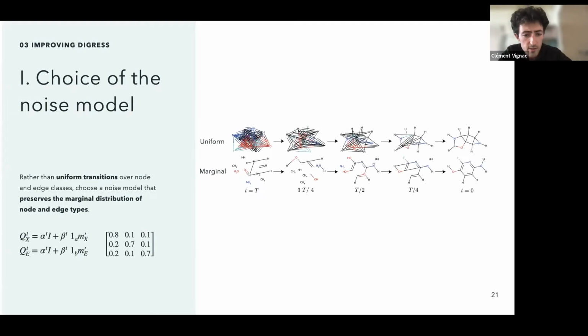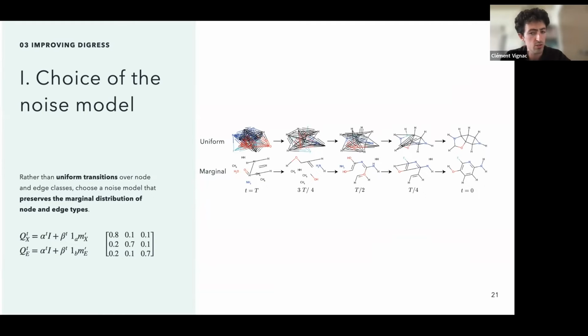So for the noise model, I said that if you start from a uniform transition matrix, which is the most common choice because it's super natural, then you have a problem with sparsity. It takes many iterations to get something sparse. Instead, you can change the noise model a bit so that you try to preserve the marginal distribution of the node types and the marginal distribution of the edge types at every step.